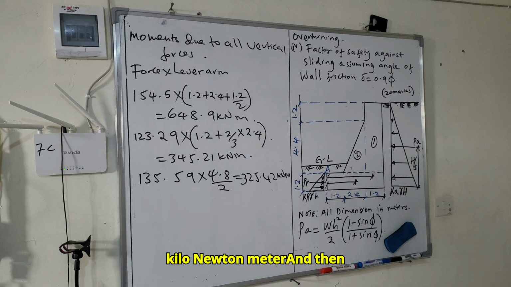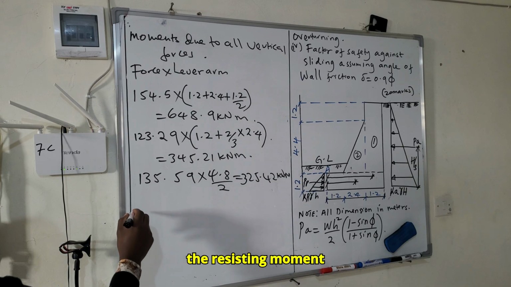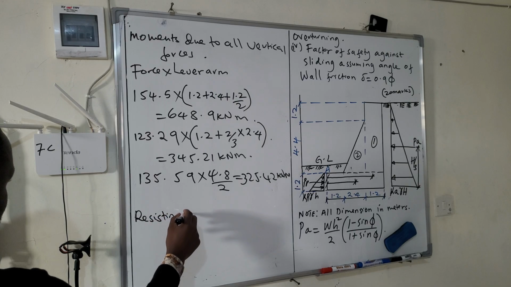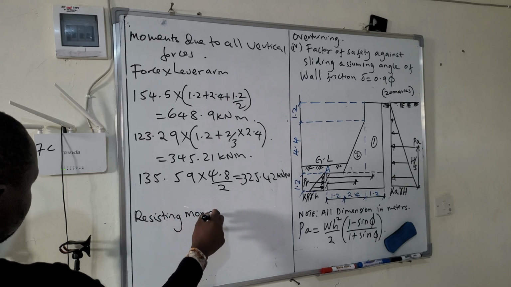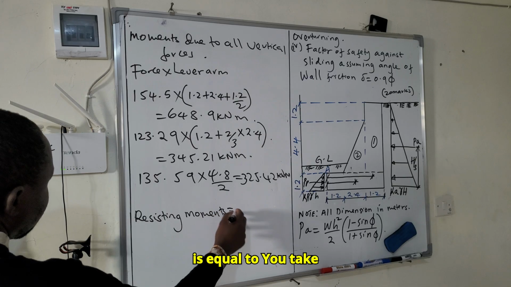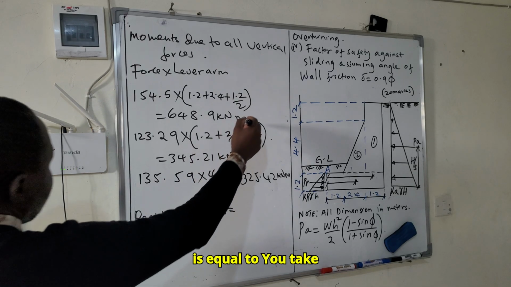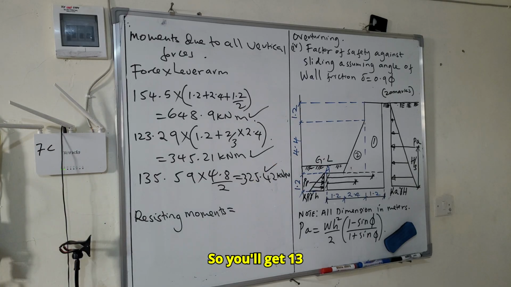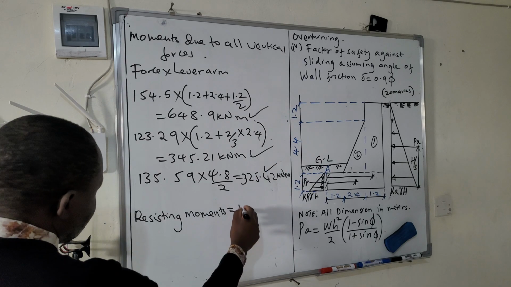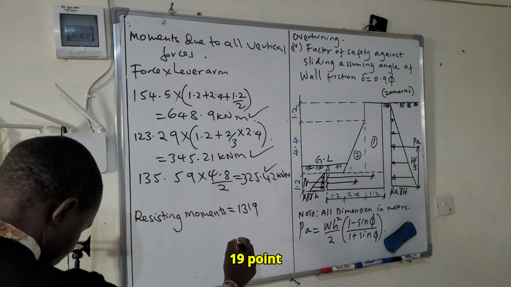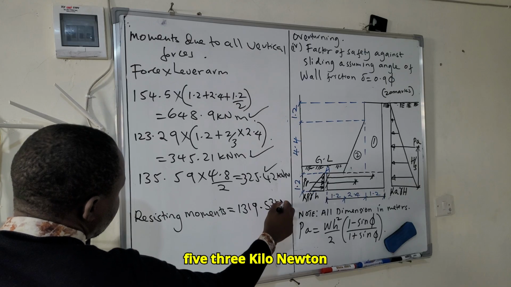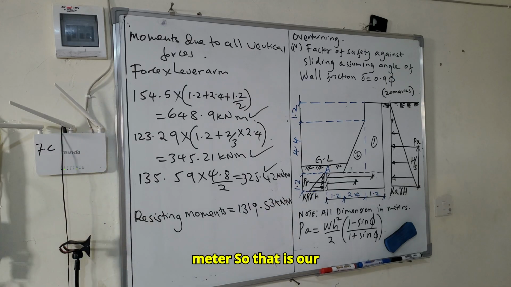And then the resisting moment is equal to, you take this, add to this, and then add to this. So you'll get 1319.53 kilonewton meter.